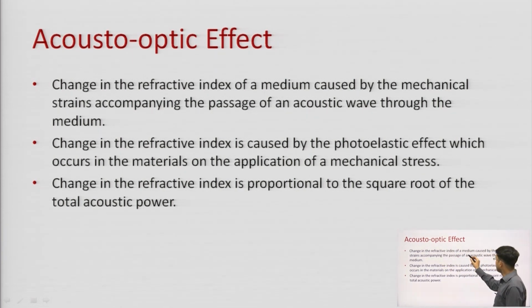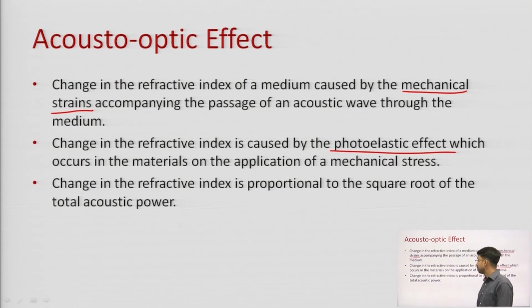It is the change in refractive index of a medium caused by mechanical strain accompanying the passage of an acoustic wave through the medium. This change is caused by the photoelastic effect, which occurs in the material on the application of mechanical stress.